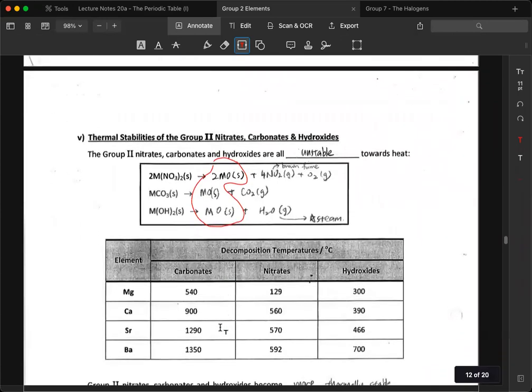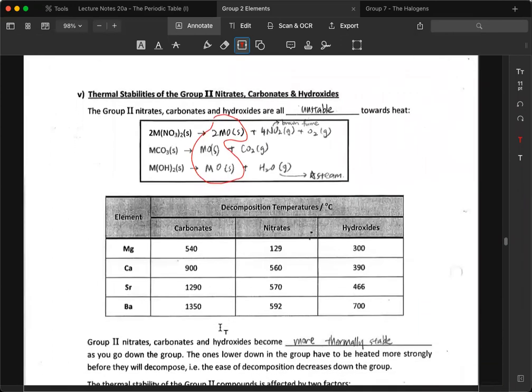Now, let's talk about the thermal stability of the group 2 nitrates, carbonates, and hydroxides. Basically, they are all unstable towards heat, meaning they can be decomposed. So in general, group 2 nitrates form oxides, NO2 and O2. Just remember, carbonates form oxides and carbon dioxide. Hydroxides form oxide and steam.